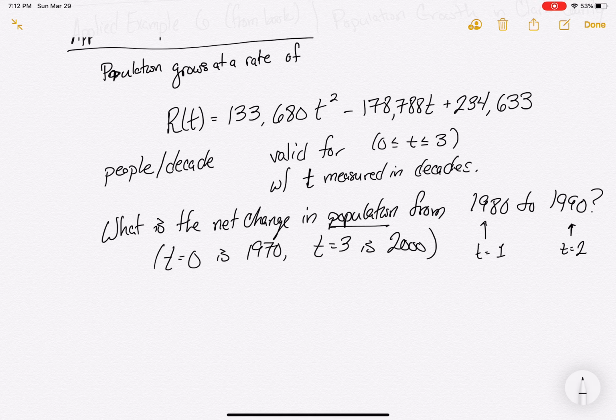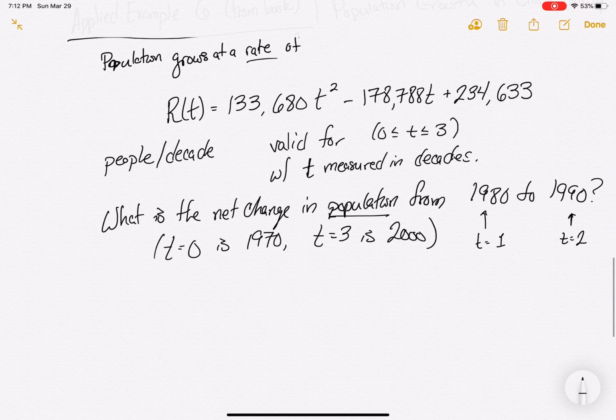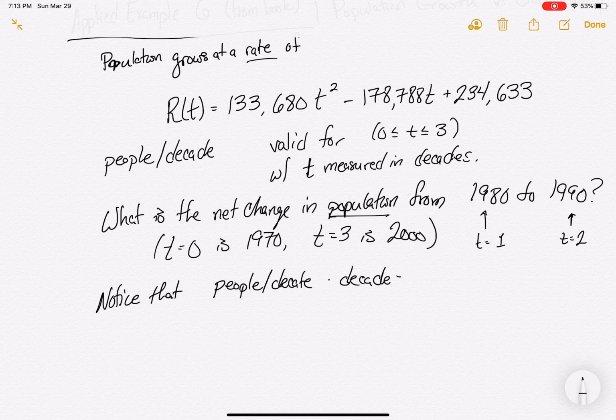Now, these are the special words: net change in population. It's not net change in the rate of population, right? So R is given in people per decade. We notice that people per decade times decade equals people. And when you think about it like that, you get an idea.